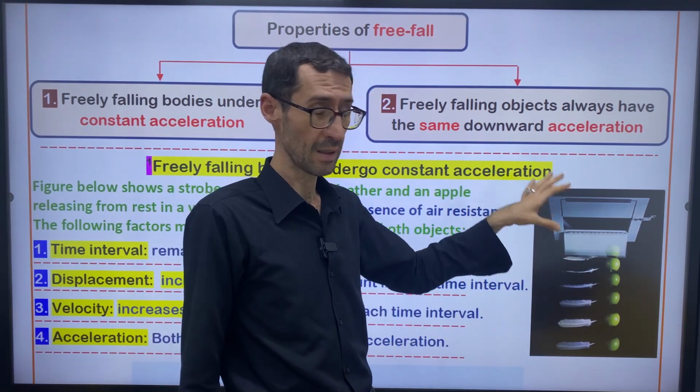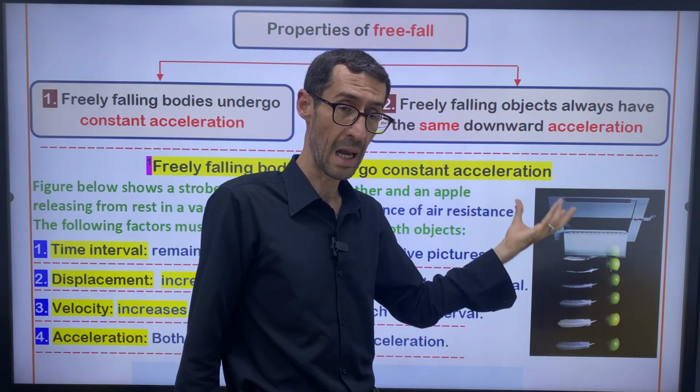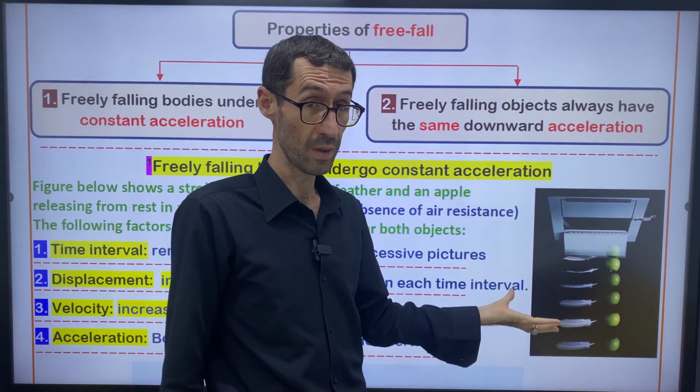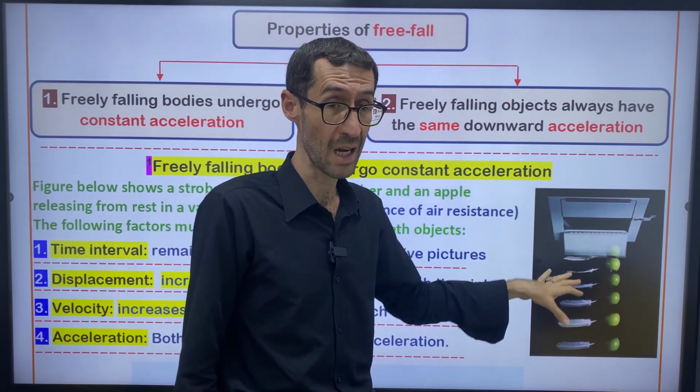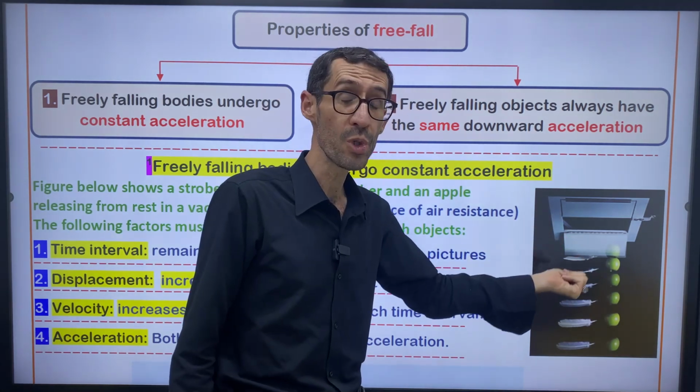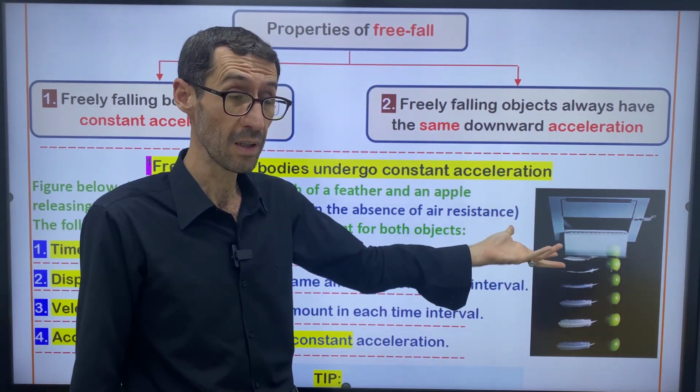Only gravity brings the apple and feather further down. Only gravity is in charge of falling the objects down. That's why this motion is considered to be free fall.